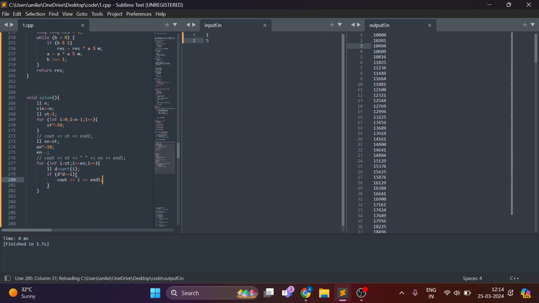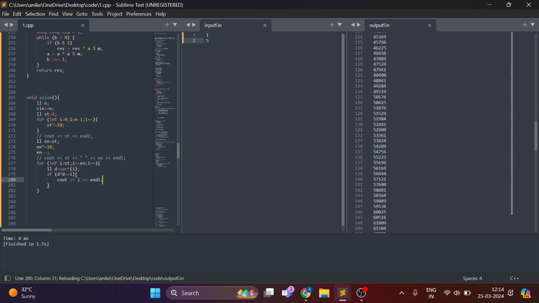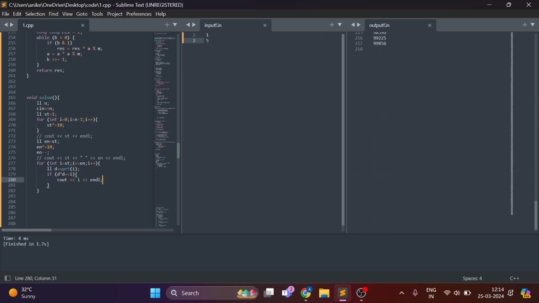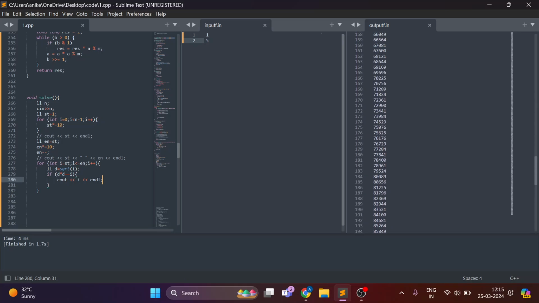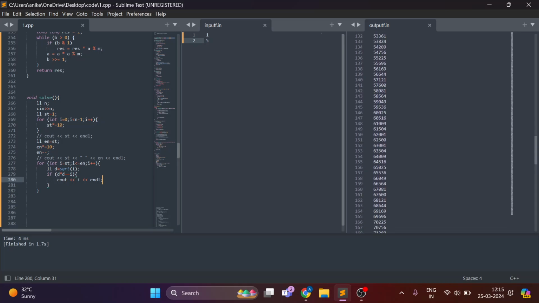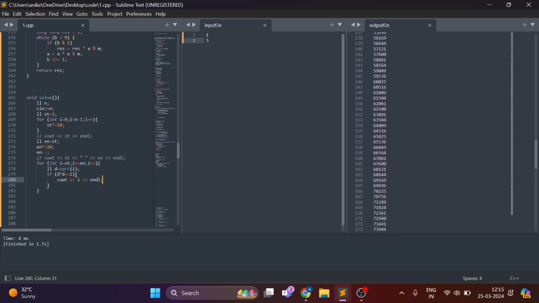So I got all the squares now. But from this, I still don't see any useful observation. Am I getting all the squares? Yes, I'm getting them. So now I will make it more useful according to our question.